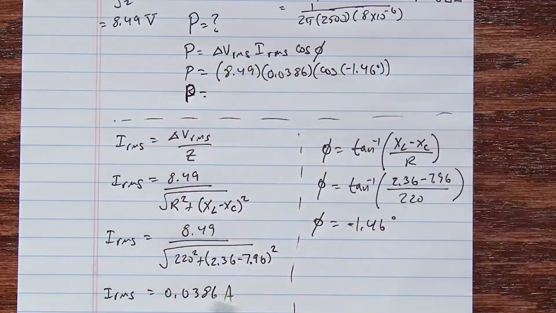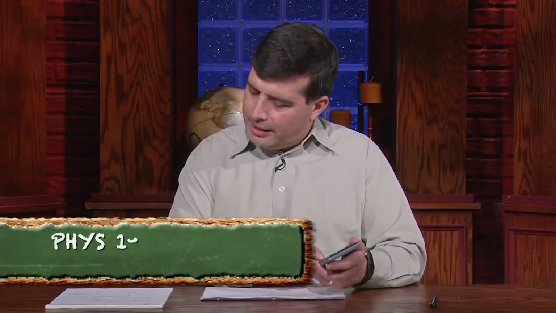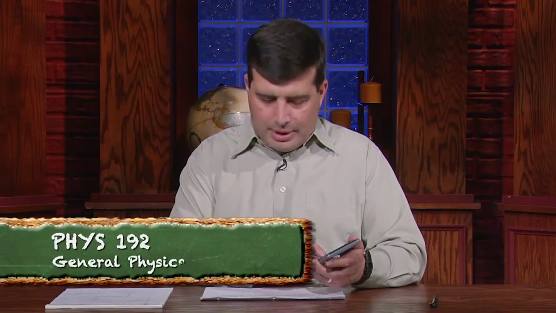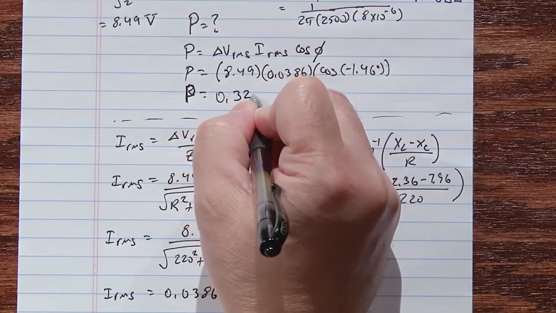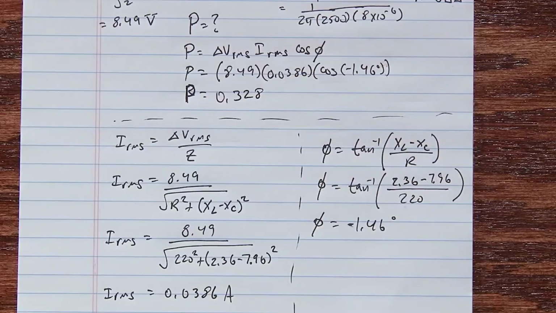So the power is equal to 8.49 times 0.0386 times the cosine of negative 1.46, and that gives us 0.328 watts.